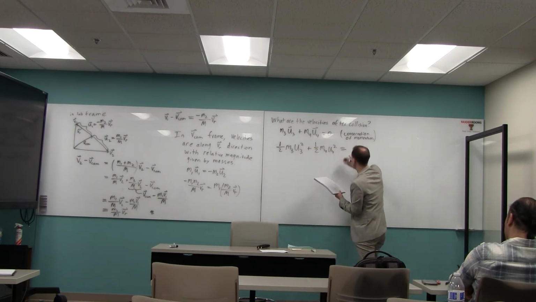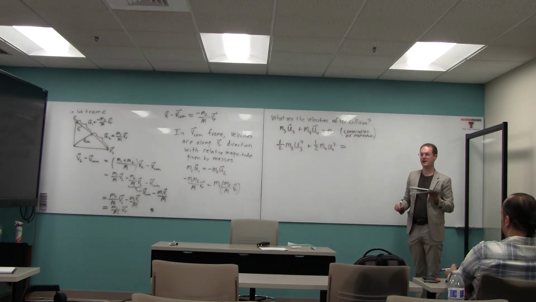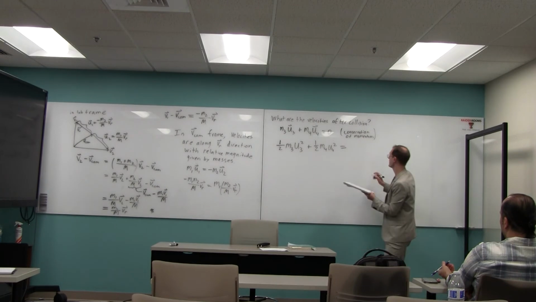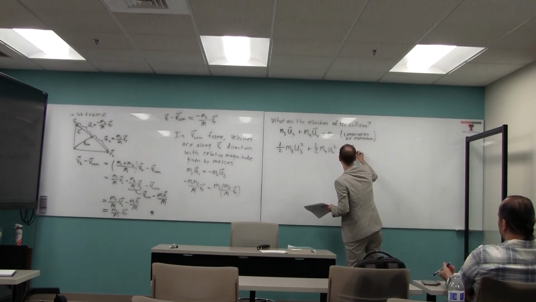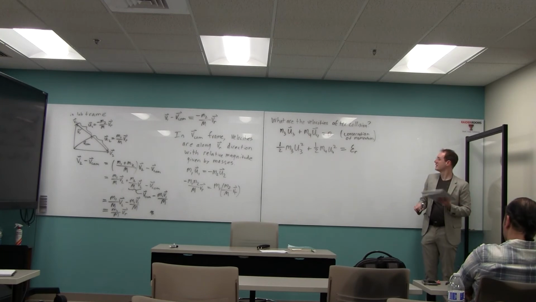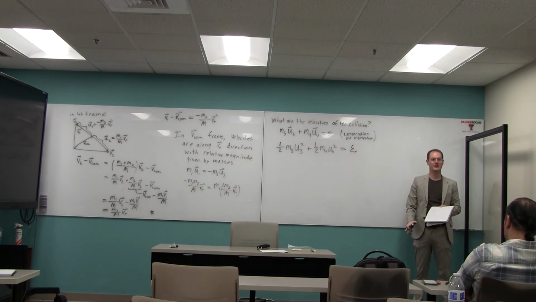Okay, so what's that going to be equal to? Well, we came in with a certain energy, right? We can compute the part of the energy that's along the relative velocity direction, right? So that's the incoming relative kinetic energy. But is the final energy necessarily equal to this energy? Where else could energy come from?